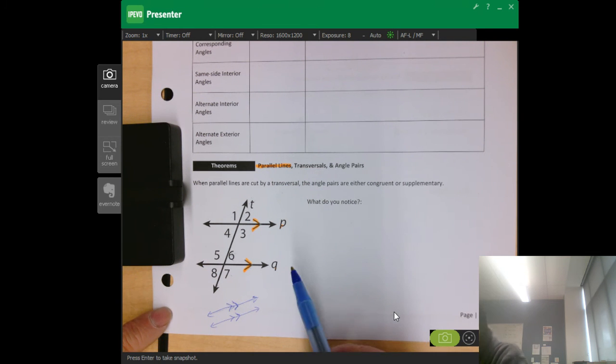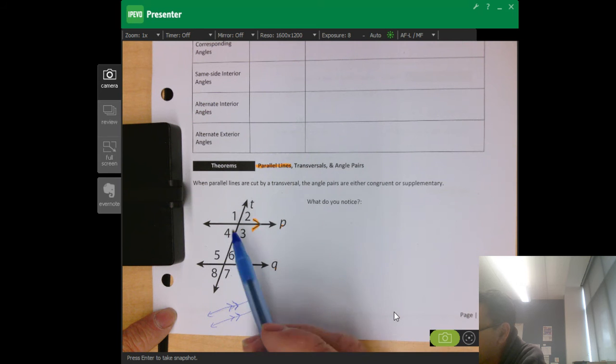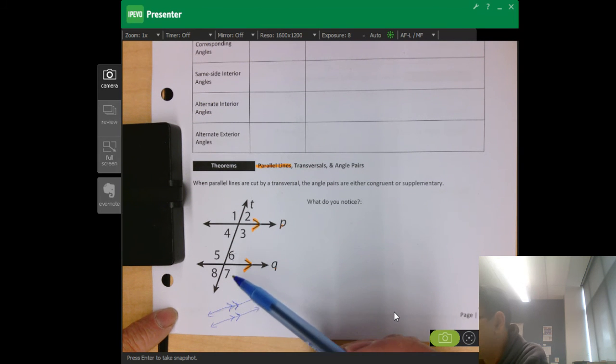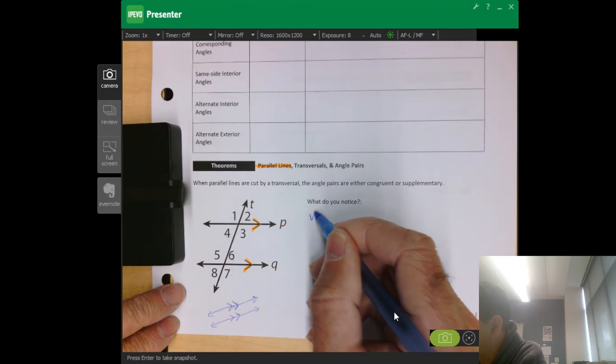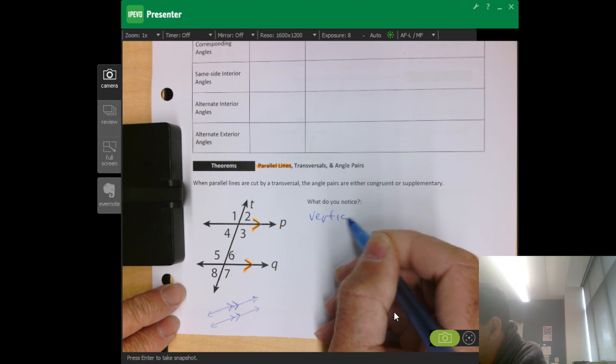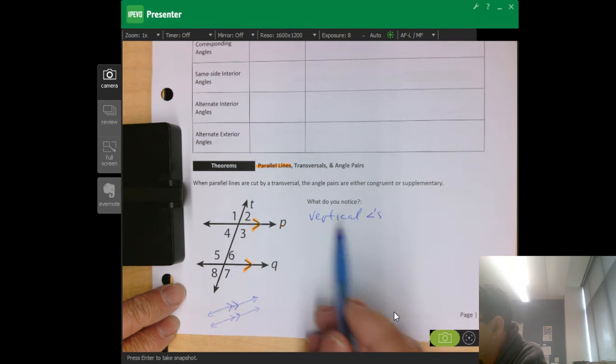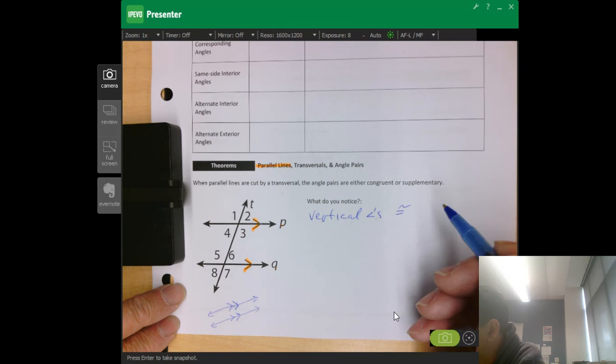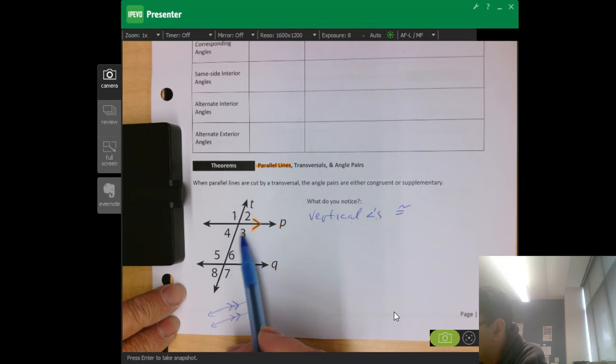Okay, so what I want you to start thinking about now is how those different angle pairs are related to each other. So we know, for instance, that vertical angles, that's an angle pair, and vertical angles are congruent. Okay, and we have vertical angles here.